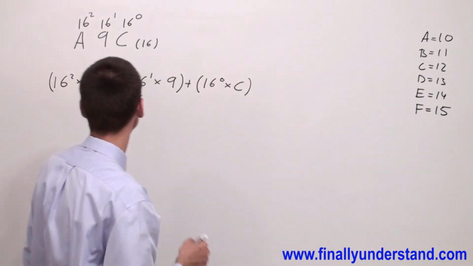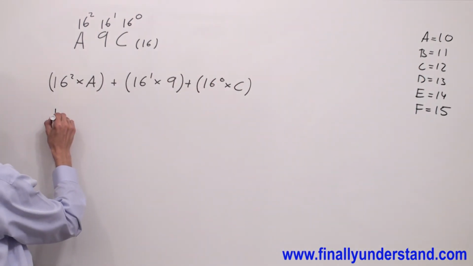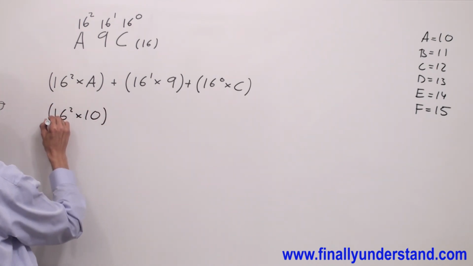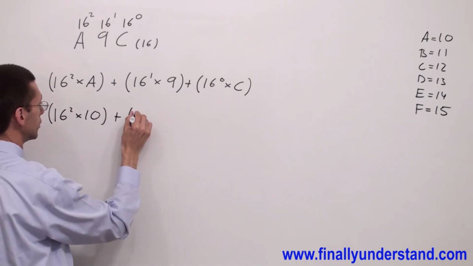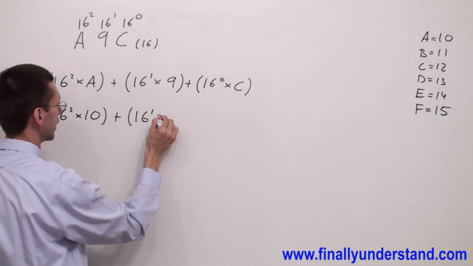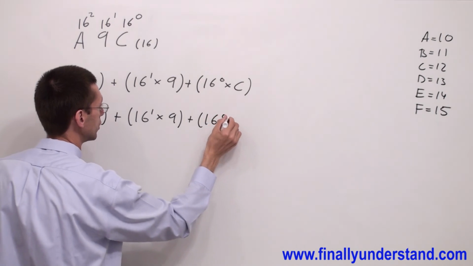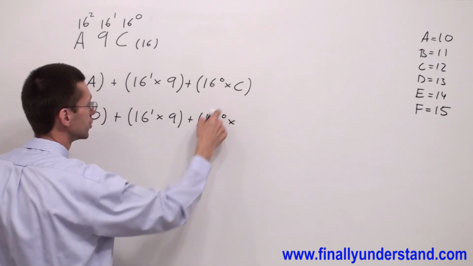That's why instead of A, I'm supposed to write 16 to the second power times 10. I'm doing everything step by step. Plus 16 to the first times 9 plus 16 to 0 times C.